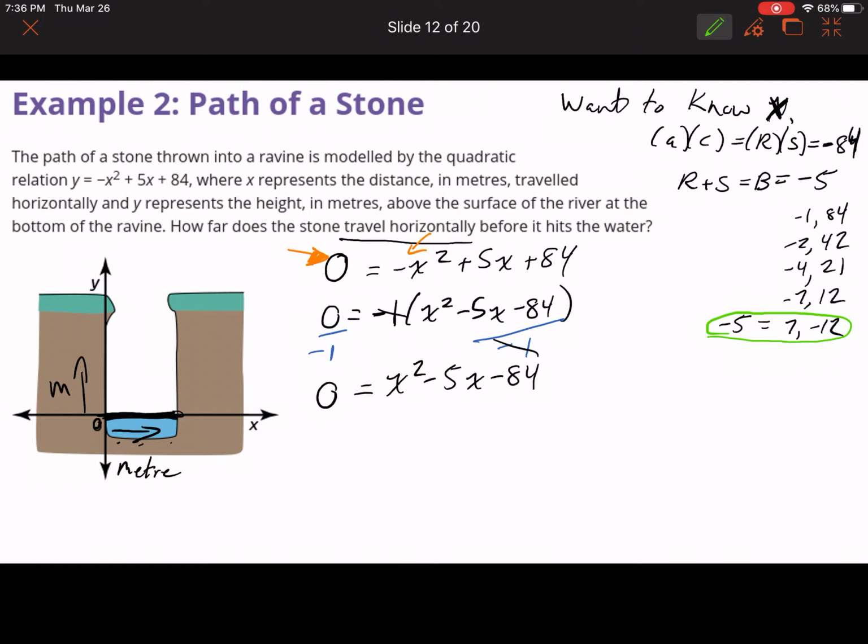So start with 1, then 2, 3 wasn't going to work, 4 does work, not 5, not 6, yes 7, not 8, not 9, not 10, and then I'm up to 11 and 12, so I know it's not going to be anything more than that. So just go on your calculator, 84 divided by 2, 84 divided by 3, 84 divided by 4. Keep going until you find the numbers that you're looking for.